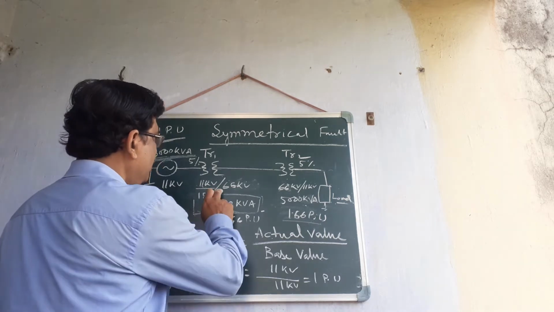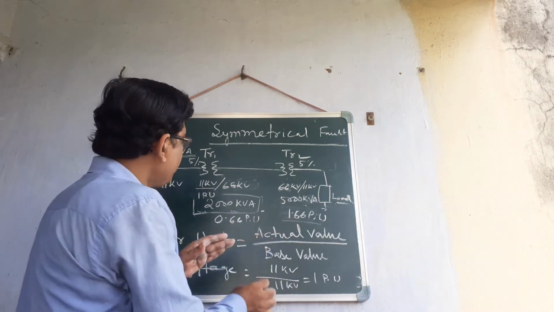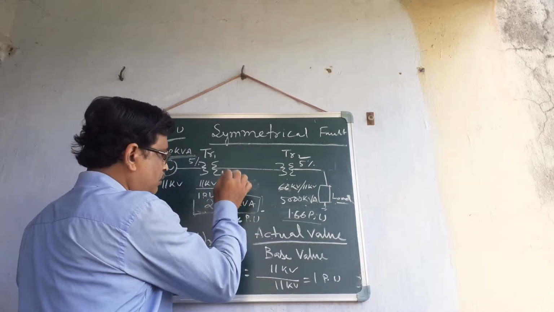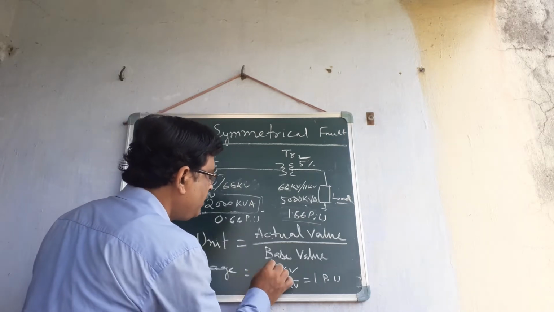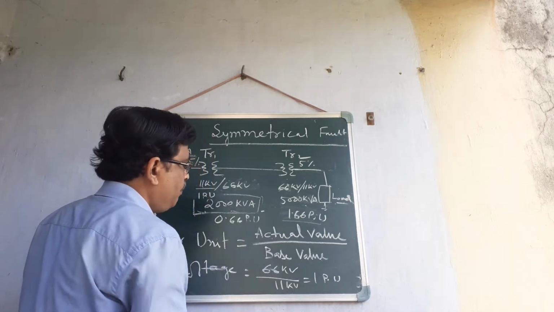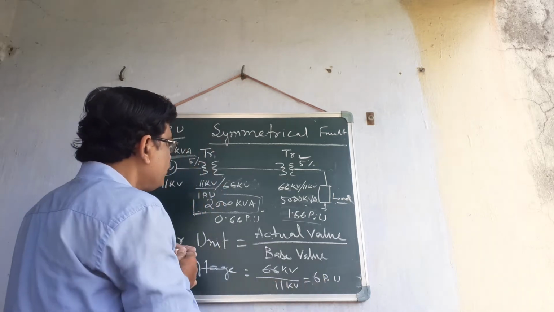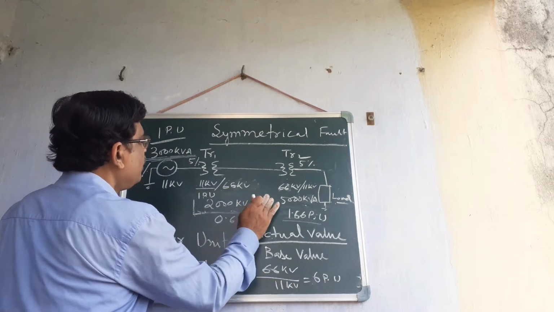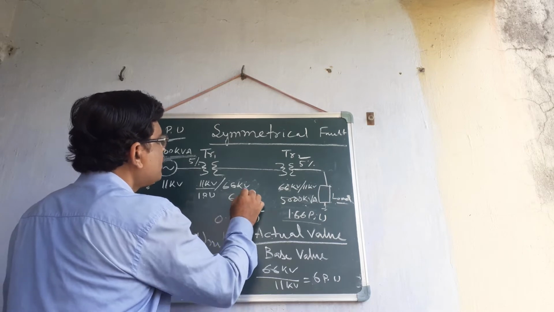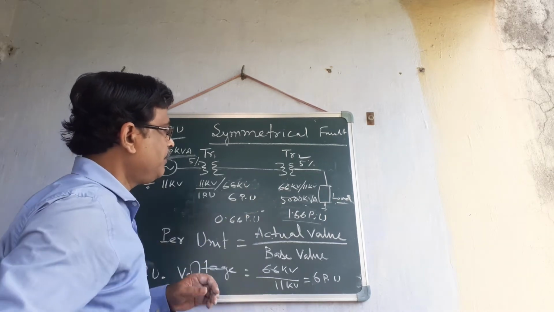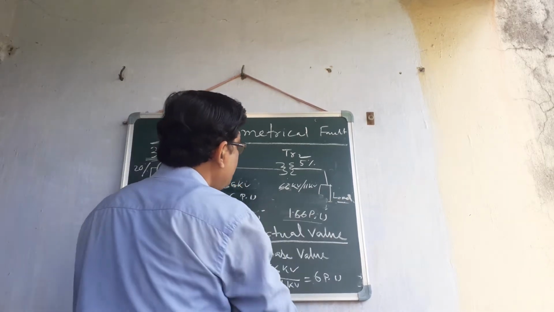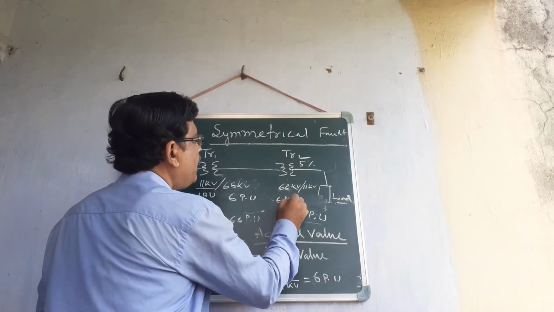Now, in the HT side, high voltage side, what will happen? It will be 66 kV, but base voltage is 11 kV. So it will be 6 per unit. So instead of 66, here we will put 6 per unit voltage.